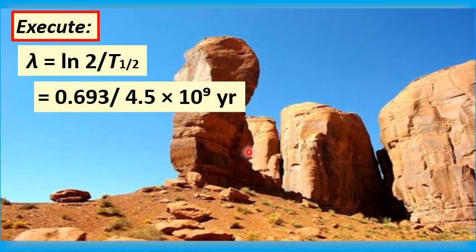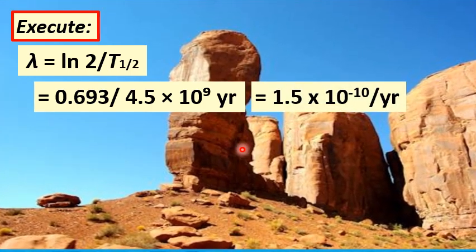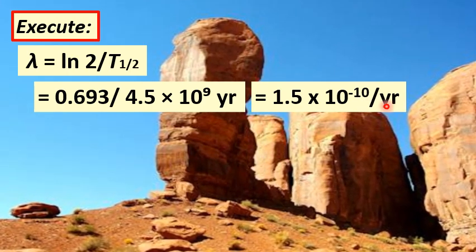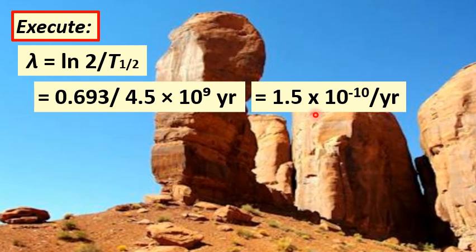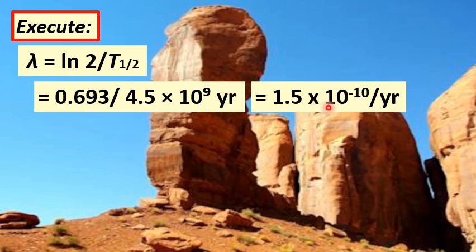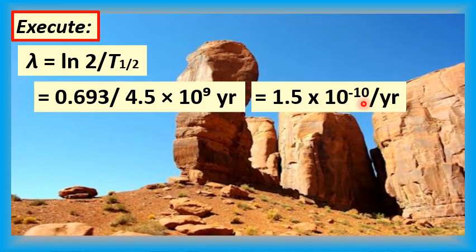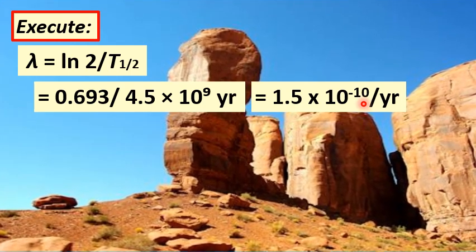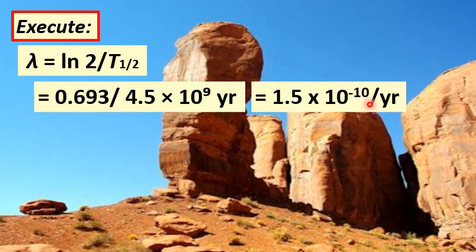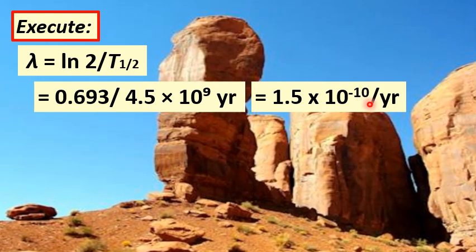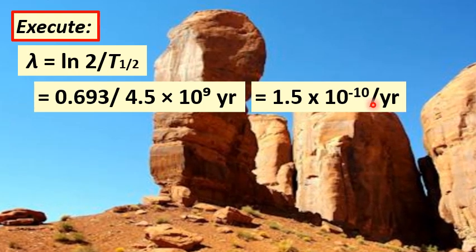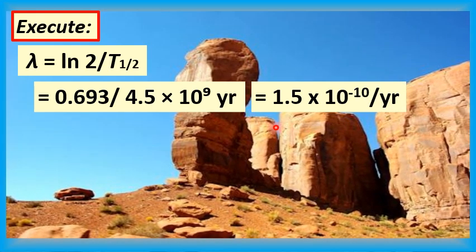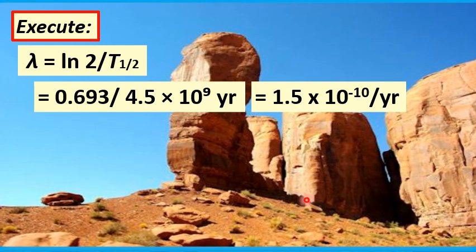So, doing our math, we will get this value for the decay constant lambda, 1.5 times 10 to the negative 10 per year. This also means that in 1 year, 1.5 times 10 to the negative 10 of the uranium-238 nuclides undergo the series of alpha and beta decays. That is how we interpret the meaning of the decay constant lambda.